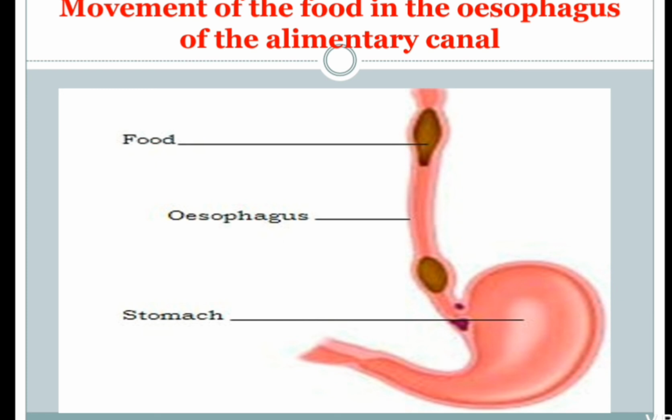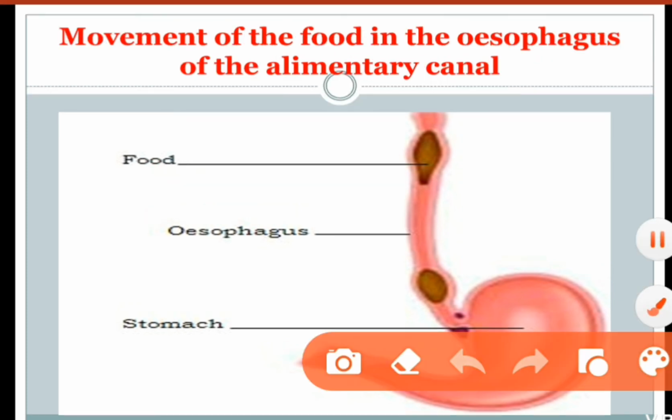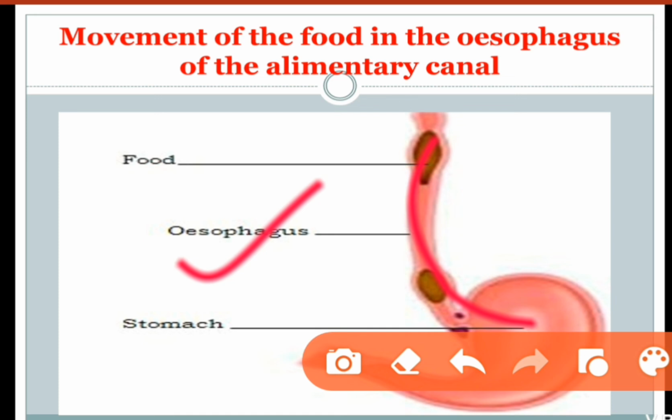When we eat something, it reaches the stomach through the esophagus or food pipe. A muscle ring at the lower end of the food pipe opens and allows the food to enter into the stomach.